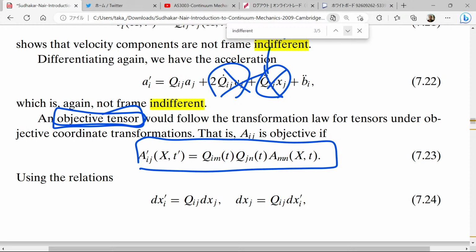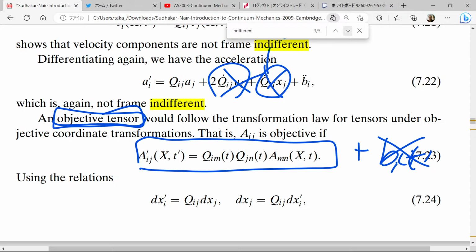So now you don't have this b term. Anyway, an objective tensor is something like this.